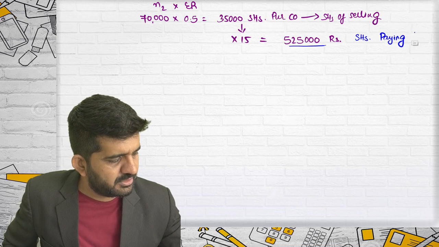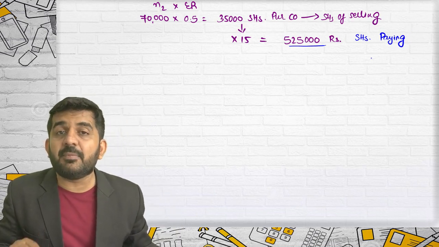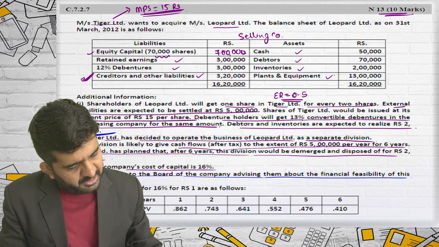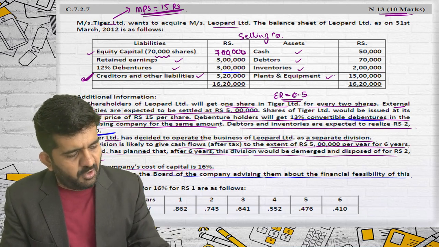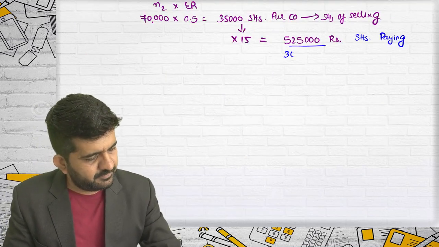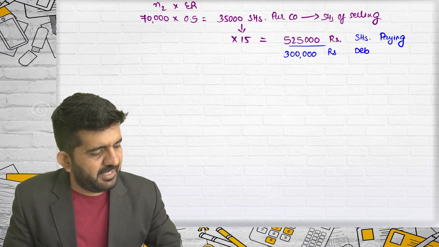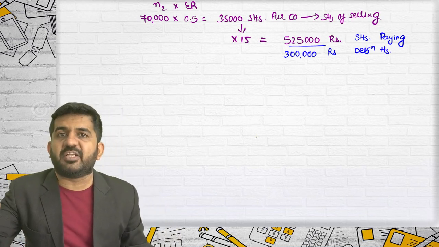To shareholders. Yes. Are you paying something to debenture holders? Yes, you are paying something to debenture holders also. Debenture holders will be given 13% convertible debentures of rupees 3 lakhs. Sir, up till now we were not calculating this.